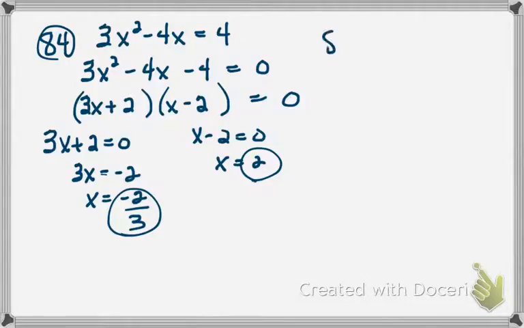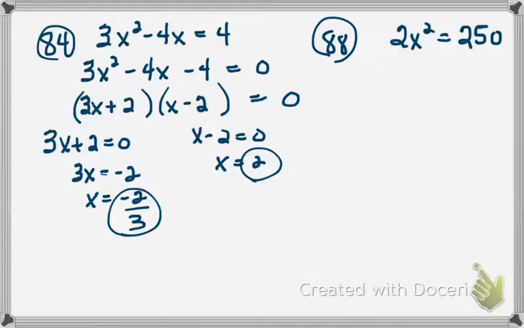So 88 is, I'm going to let you guess what you think would be the easiest here. 2x squared equals 250. So we've got, according to our order, factoring, take the square root of both sides, complete the square, or quadratic formula. What do y'all think about this one?